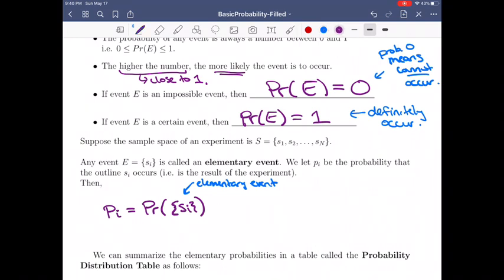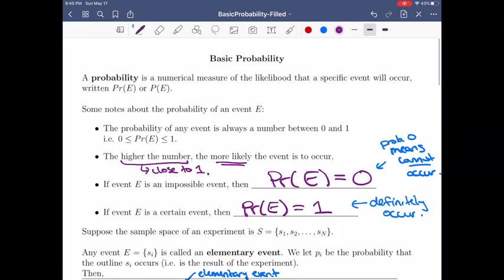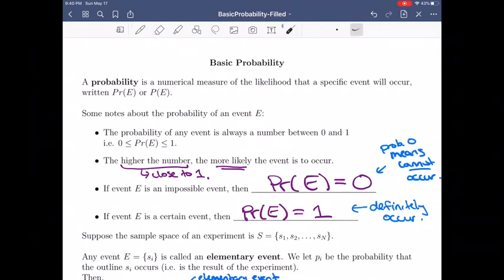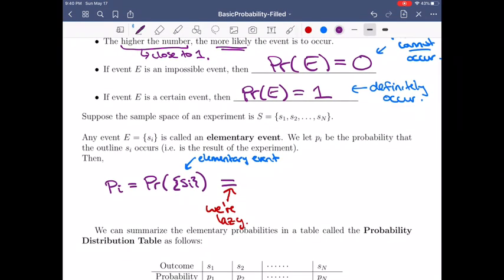The event with one outcome. Now, because we're lazy, we sometimes abuse notation. So technically the probability is the likelihood that a specific event will occur, not an outcome. But we use it sort of interchangeably, so you could write the probability of si instead of having the curly brackets to indicate that it's a set.